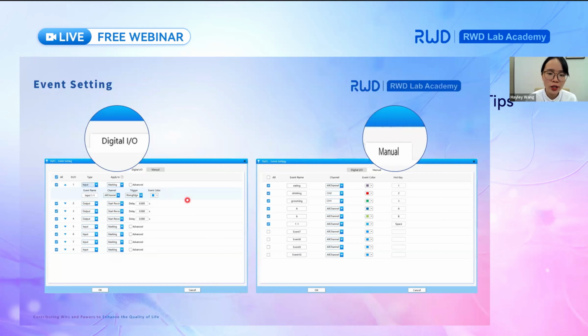There are two common ways to add markers. The first one is automatic marking through TTL signals, for example, when the photometry system is connected to external devices, such as an optogenetic stimulator or a fear conditioning chamber. The second is manual marking based on the behavioral events observed in the video.